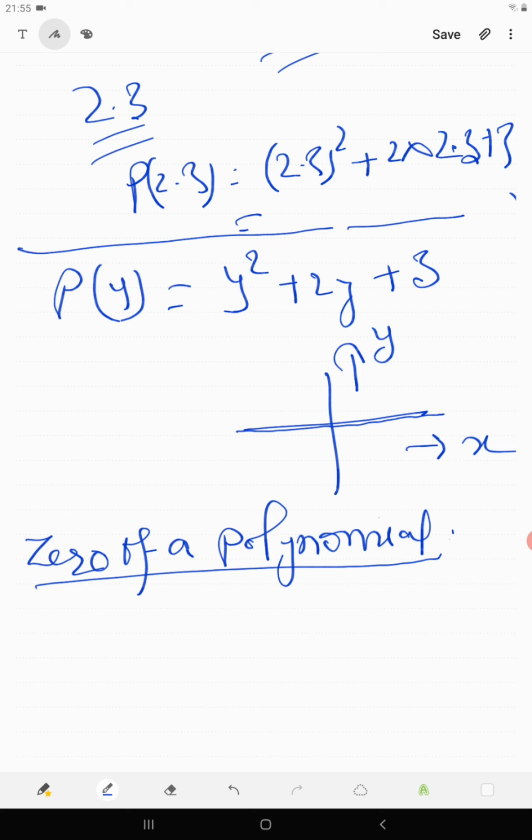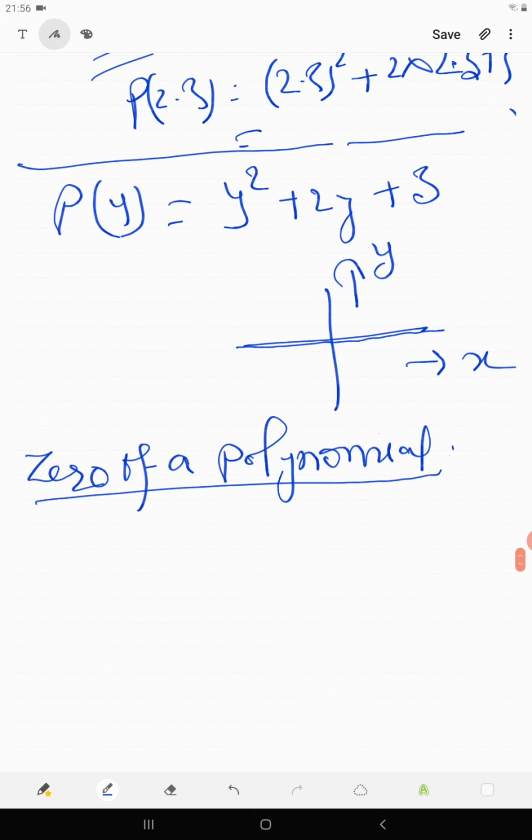When you are doing NCERT or CBSE books, you will read it as zero. In other state board books or ICSE, they might write zero as root. So this is nothing but the root of the equation.